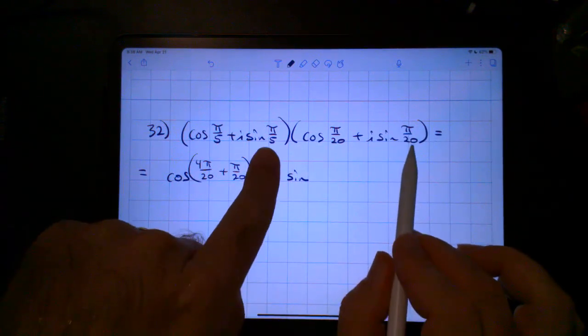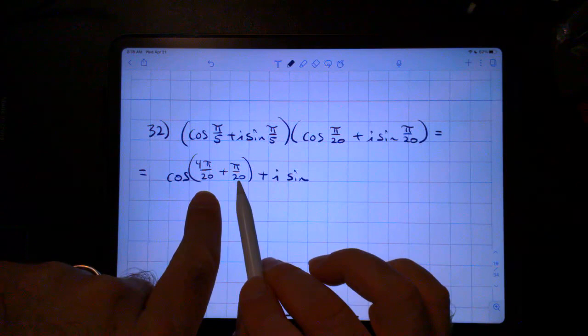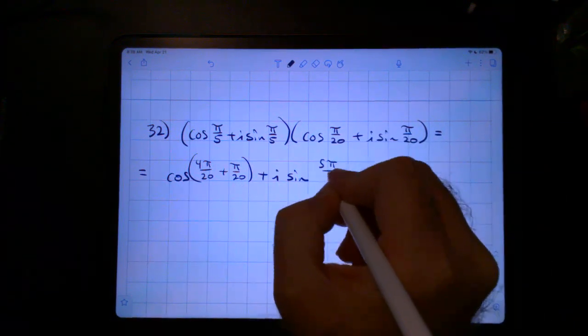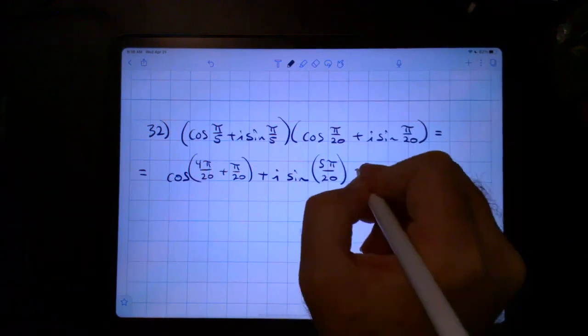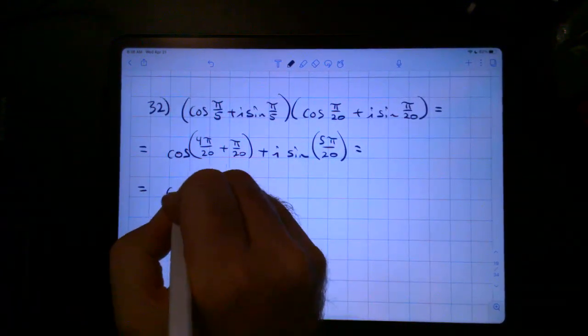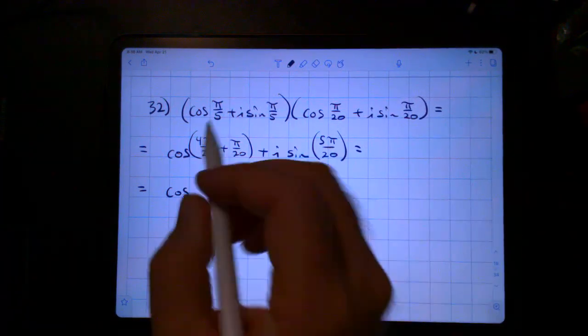And here you have the same situation. It's going to be the same fraction here. We have 5 pi over 20. Five pi over 20 is pi over 4.